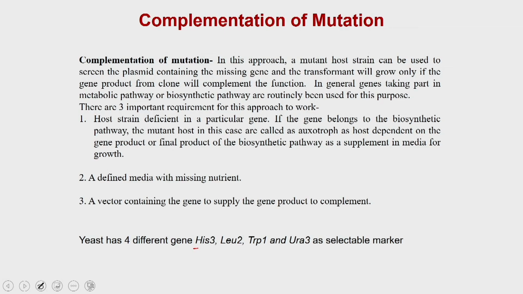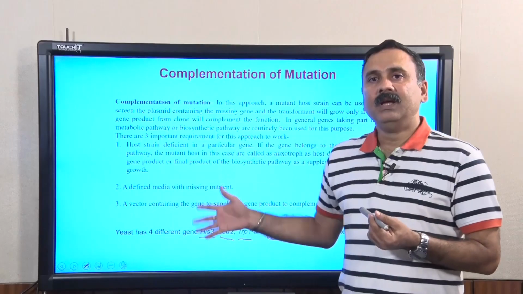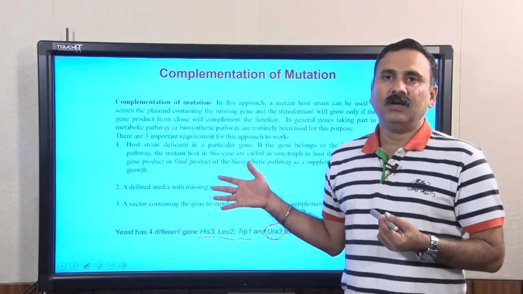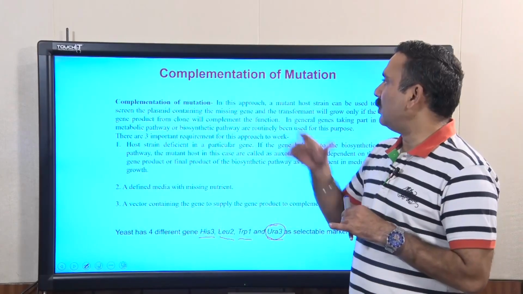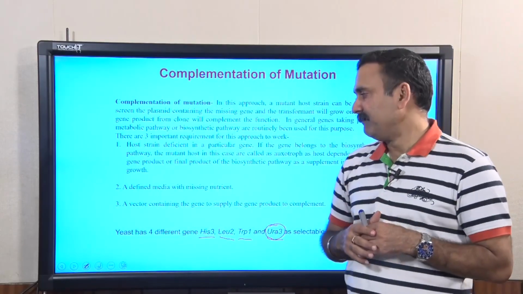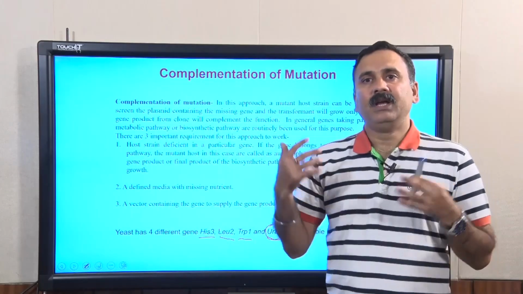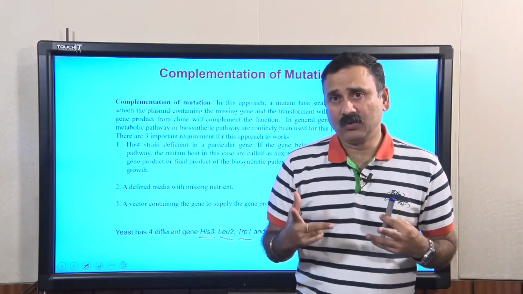These are genes that are part of 4 different biosynthetic pathways, whether it is for histidine, leucine, tryptophan or uracil, and all these 4 genes and their mutations are found in different yeast strains, and that is why you can use these particular genes for performing this approach, which is called the complementation of the mutations, and this approach can be done in two different ways.